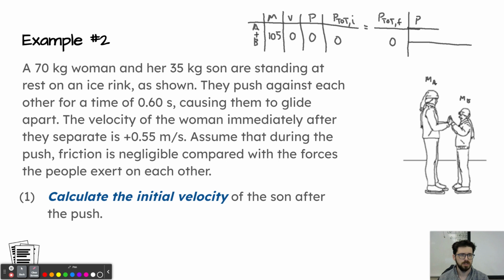So let's go ahead and make 2 different rows. You'll notice that this is literally just the opposite of the previous example. And let's do V, and let's do M. Okay, so let's do the mom as the first row. So we have 70 kilograms first. And it says that the mom is going to push off with 0.55.